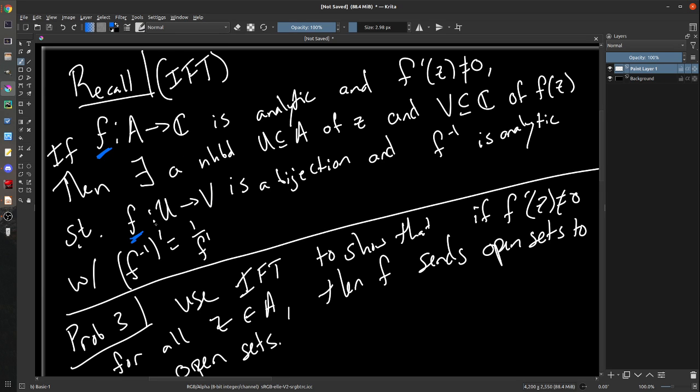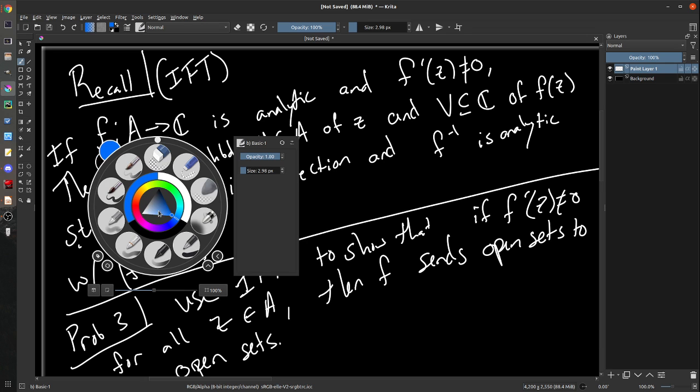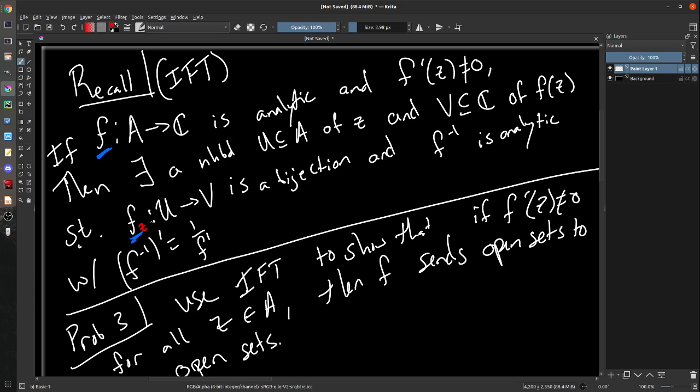So if we were being very accurate, we should maybe write something like f_z. There exists a function f_z that's a bijection, and f_z in this guy is analytic.